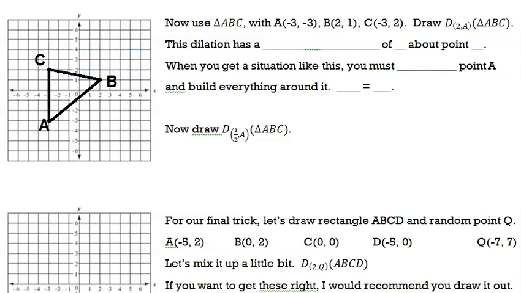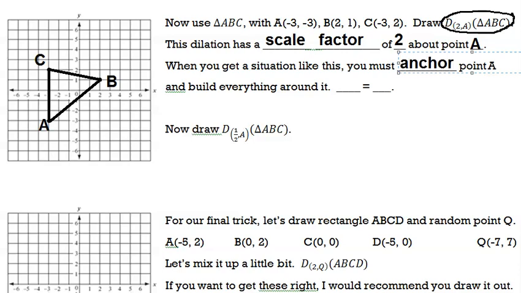Now, what you'll notice that's different about this is it is a dilation with a scale factor of 2, but this time, instead of being about the origin, it is about point A. Now, the way I think of this, point A becomes your anchor. As in, if you're on a boat and you anchor the boat, that means you're putting the boat down in that spot.